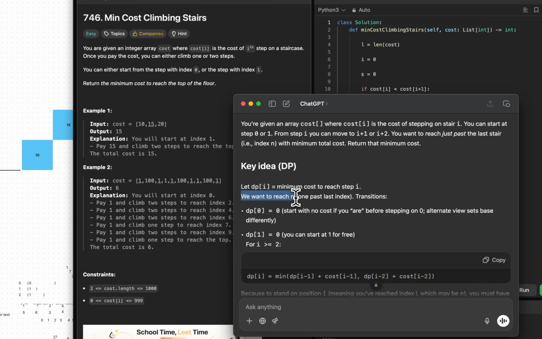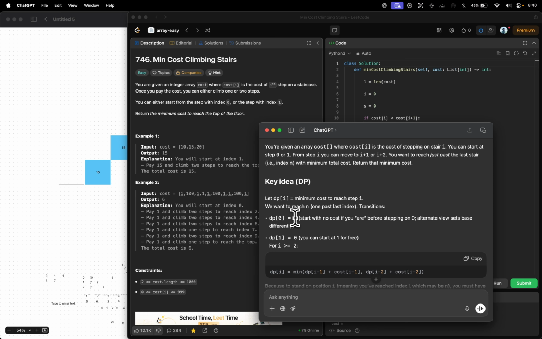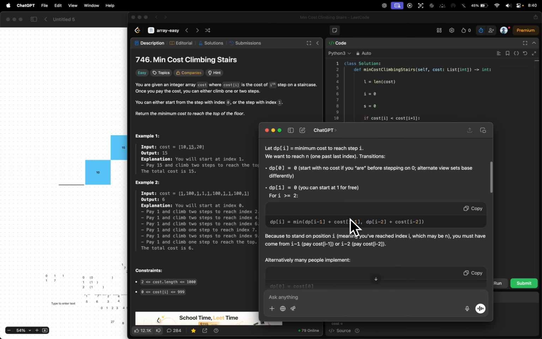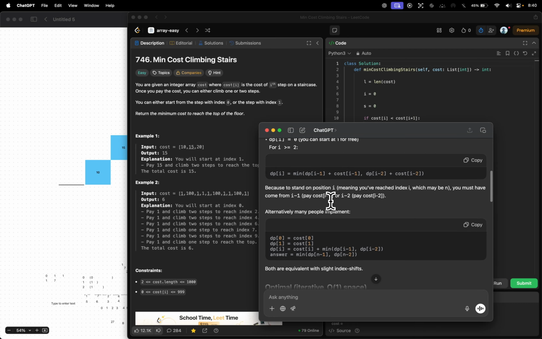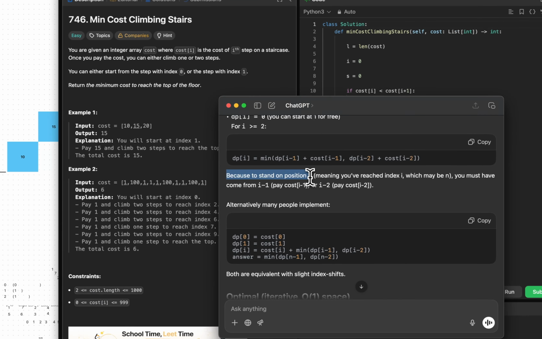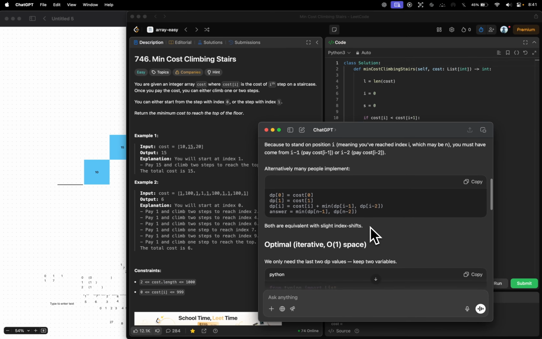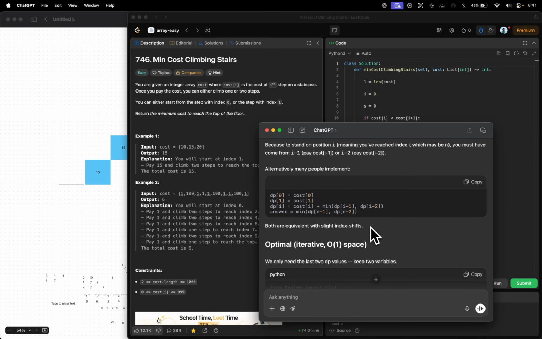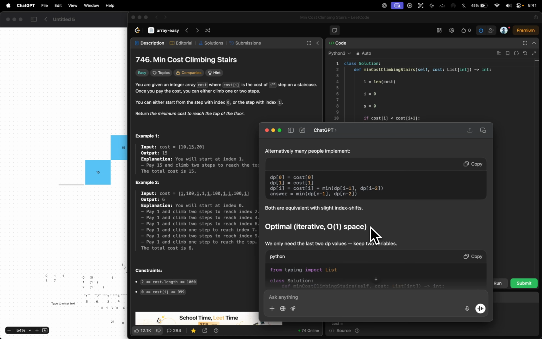We want to reach n, one past the index transition. DP0 is start with 0 cost, if you are before stepping to 0, alternatively set the base differently. DP1 is equal to start. I don't know what that means, because to stand at the position i, meaning you have reached index i, which may be n, you must... I don't know, sometimes I don't even get the English translation, and maybe there are so many things in my mind, probably that causes this.